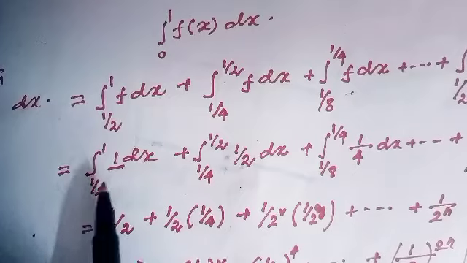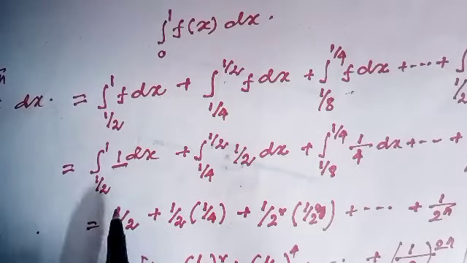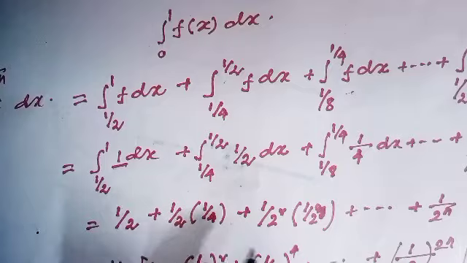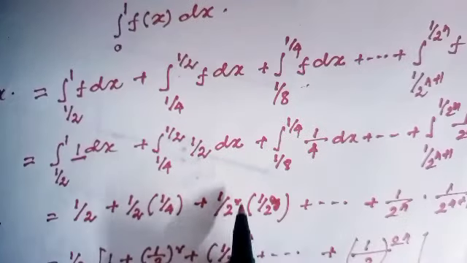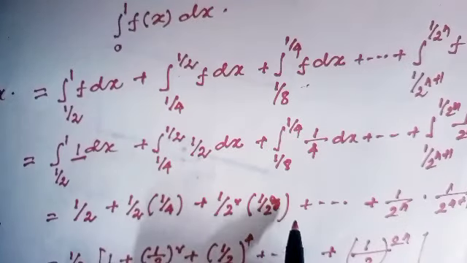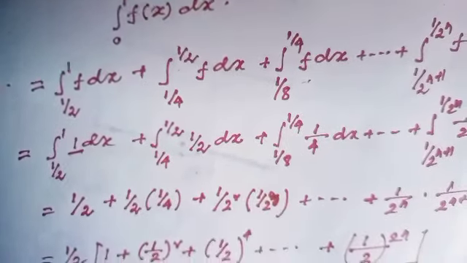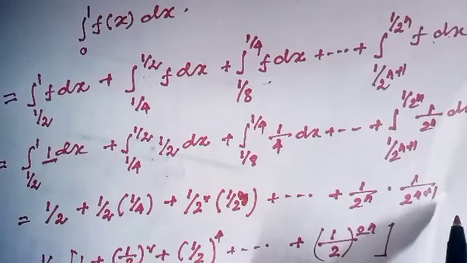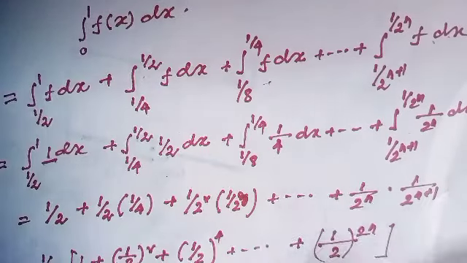Then just integrating, this value would be half plus half times 1 over 4 plus 1 over 2 square times 1 over 2 cube up to 1 over 2 to the power n times 1 over 2 to the power n plus 1.